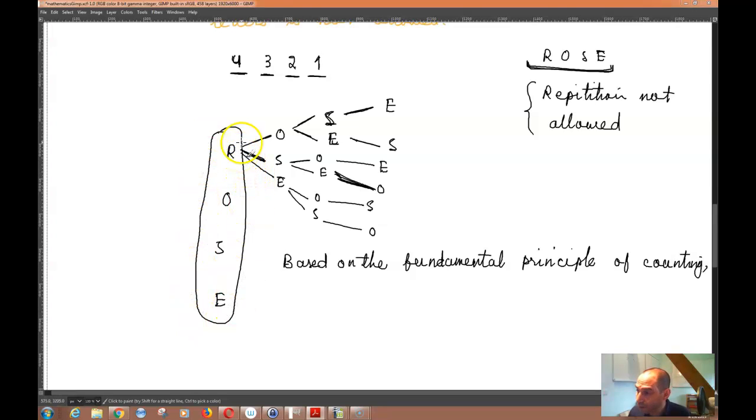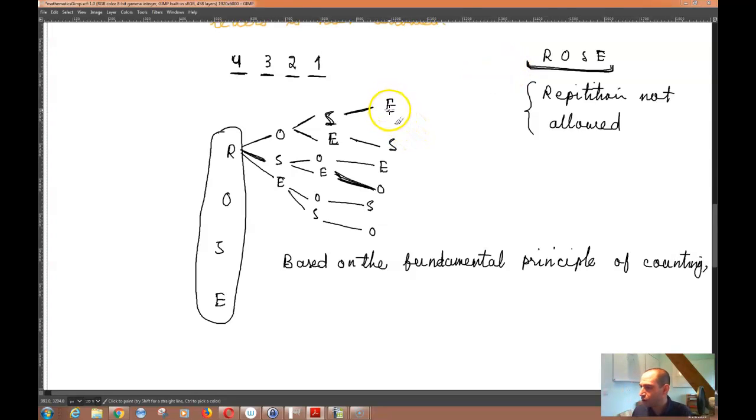We said that if an event can occur in m different ways, following which another event can occur in n different ways, we could also generalize this concept to n different events occurring in succession, meaning that following this event some other event can occur in p different ways, following this event some other event can occur in q different ways, and so on and so forth.